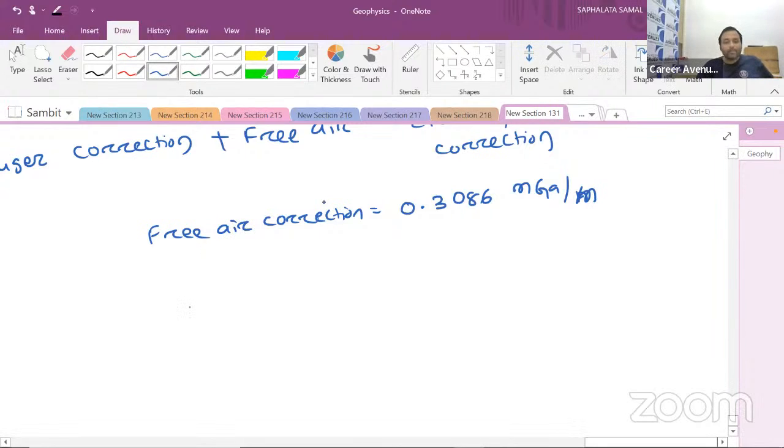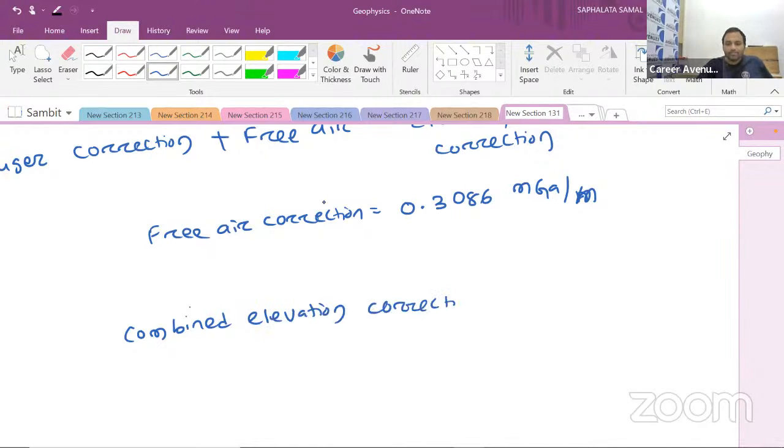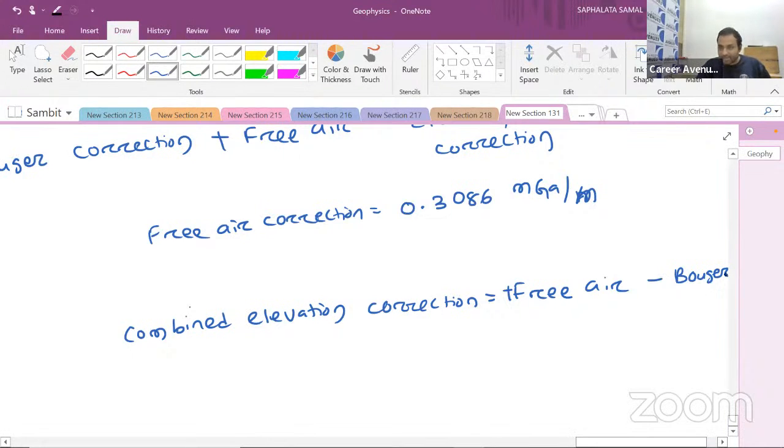So my combined elevation correction, or simply elevation correction, will be free air minus Bouguer. Combined effect now: if Bouguer correction is negative, free air must be positive, or I can take vice versa. Plus free air minus Bouguer, or I can write minus free air plus Bouguer.